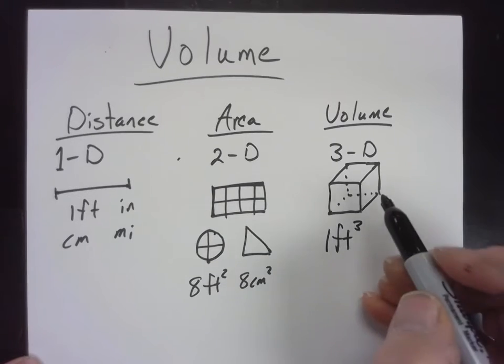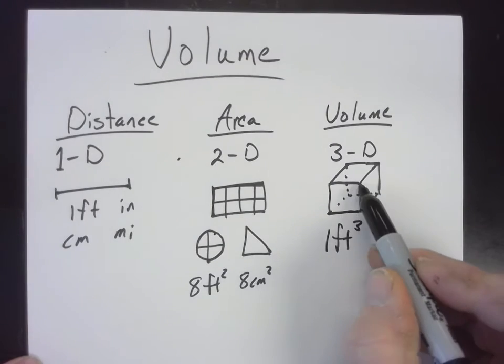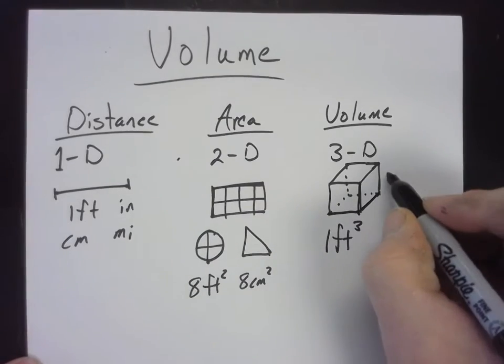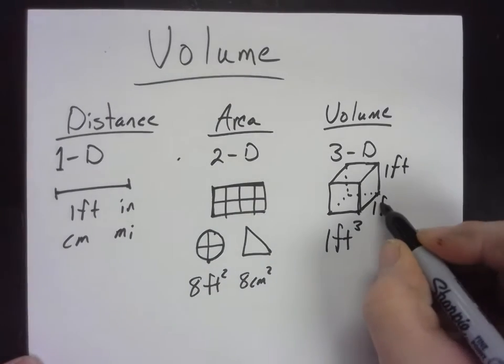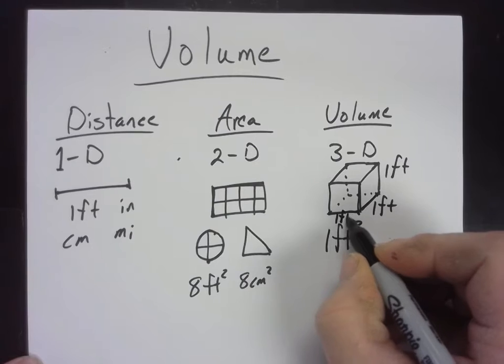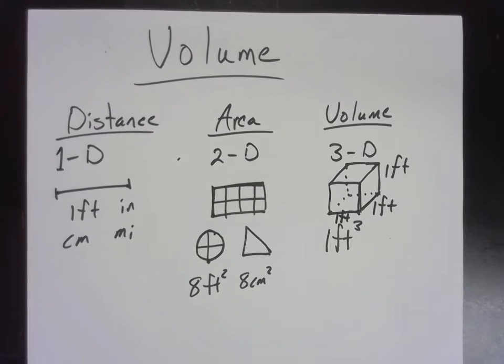So this would be 1 cubic foot. It would be 1 foot by 1 foot by 1 foot. So those are its 3 dimensions. Now, I think I had one here a minute ago. Where did my cubic foot go? Oh, I took it. It would be hard to lose. So here I have a cubic foot.